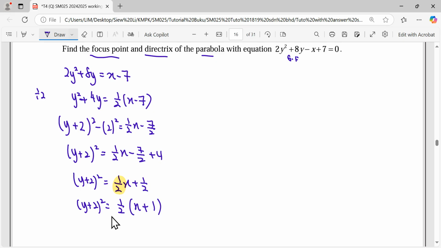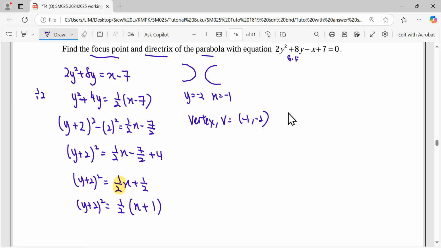So here we can obviously see y square for the parabola equation, which means that this is open left or right. And what we can see, y is negative 2, x is equal to negative 1. We take out, which means that the vertex here is negative 1, negative 2. State your x coordinate followed by your y coordinate.